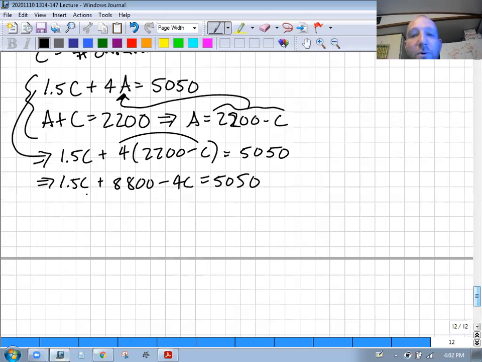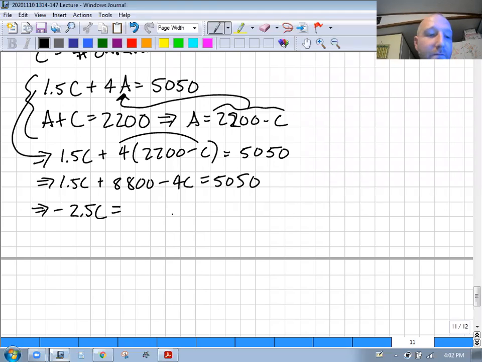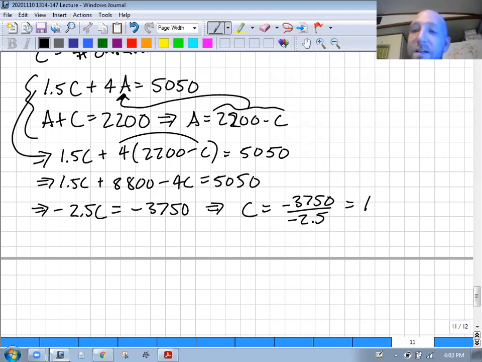All right, 1.5 minus 4 will be a negative 2.5C. 5,050 minus 8,800 is negative 3,750. So C here is negative 3,750 over negative 2.5, which is 1,500.